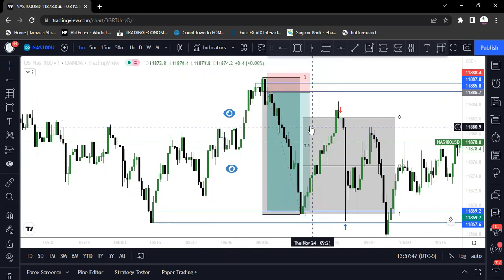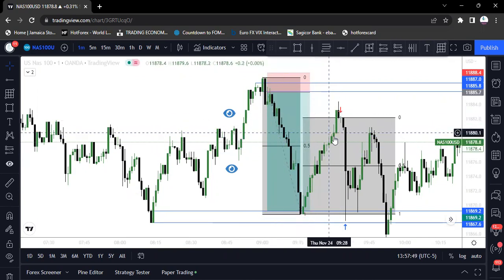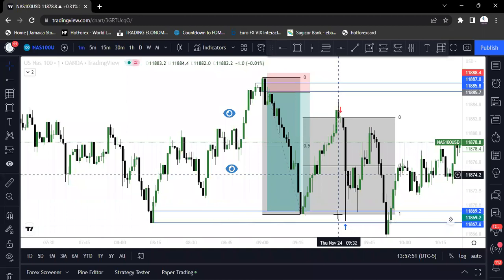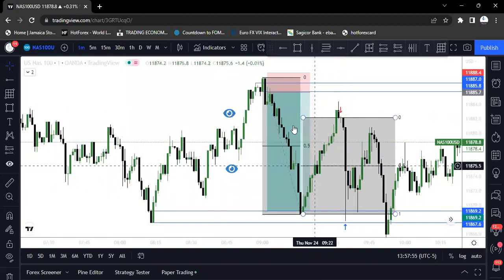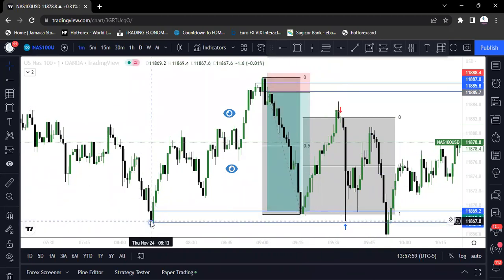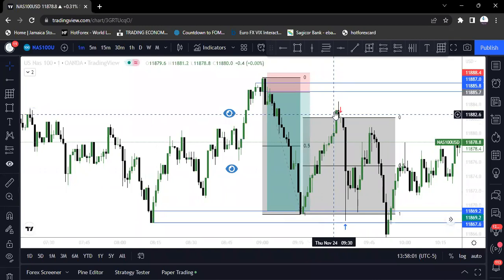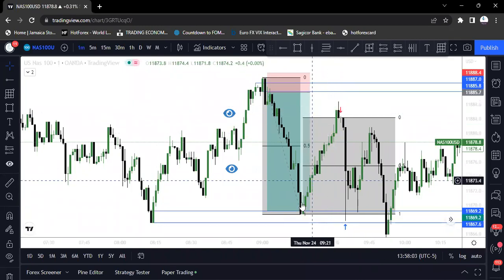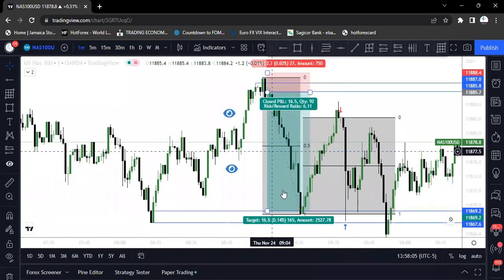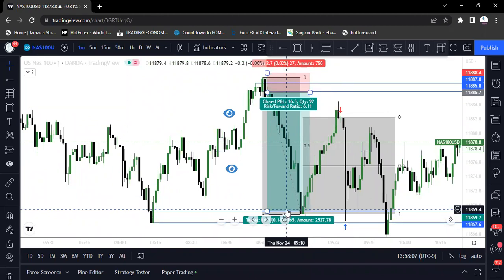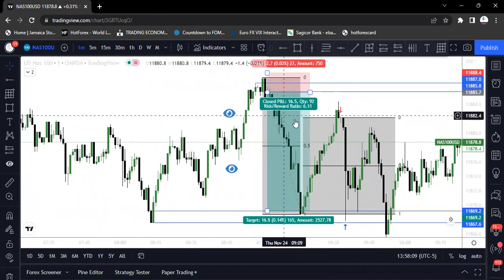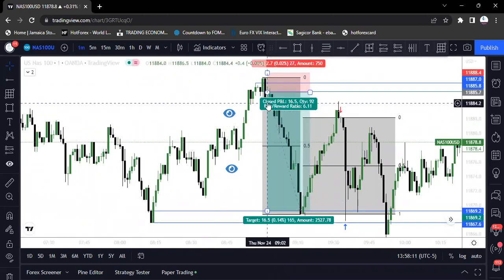Don't quote me. We know that at 9:30, the market is likely to run for a liquidity pool. What that means is if we have a run on this liquidity or this low prior to 9:30, I'm going to discredit all of that run like it never existed. Hear that? I'm going to discount all of that run like it never existed.